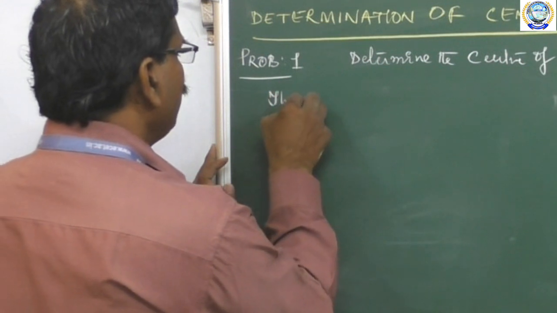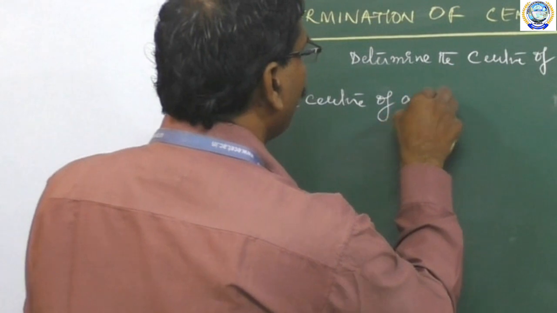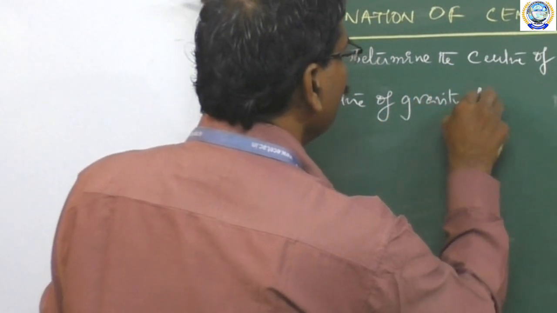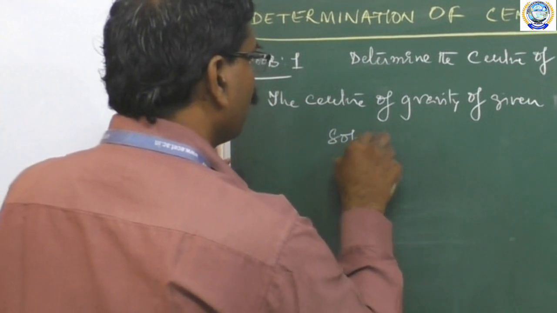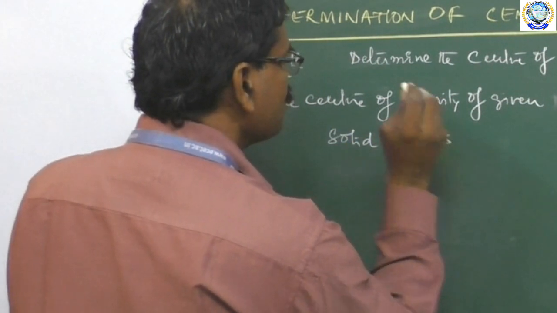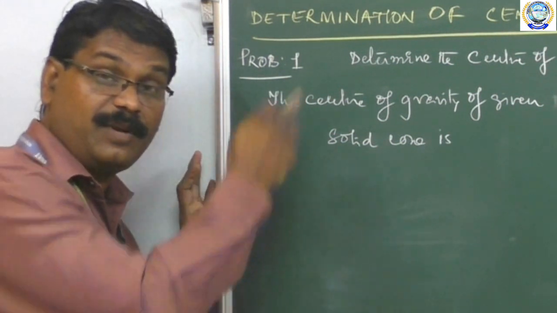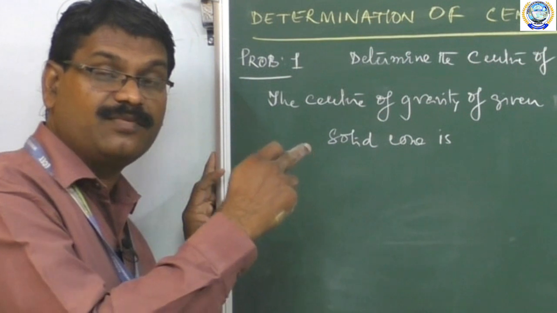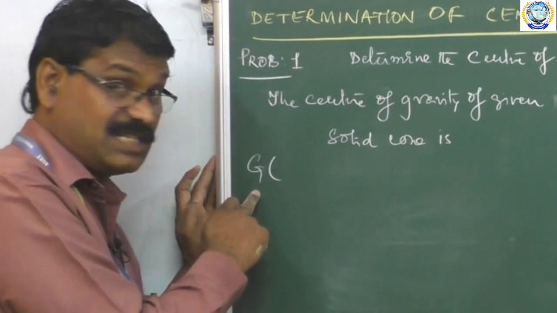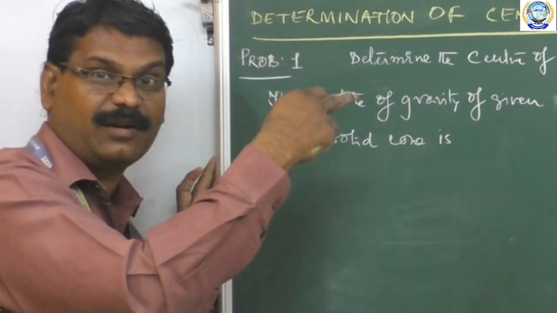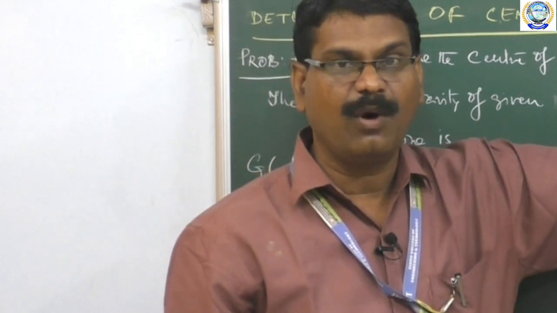Now, how to write the center of gravity of this given solid cone? The center of gravity of the given solid cone is G of, and this is a very important point here. In the previous problems, determination of centroid of simple figures, composite figures, shaded regions, we represented C of X bar comma Y bar. But now, for determination of center of gravity of simple bodies, this is category 1.